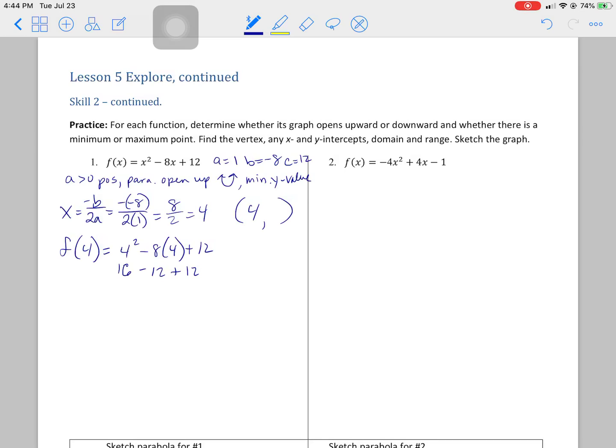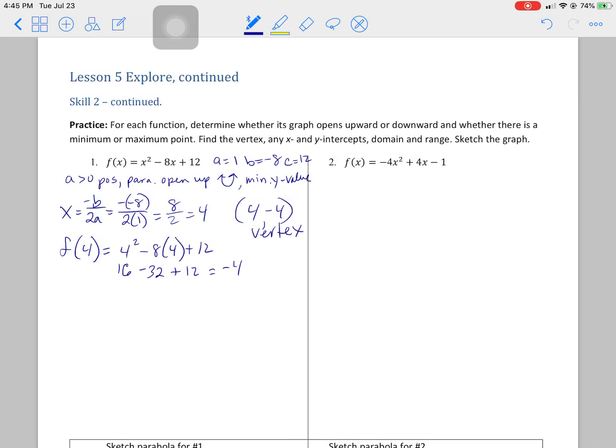Oh, wait. It's not 12, it's 32. Okay, slow down. Which is 16 plus 12, and the minus 32, so -4, right? Yep. Okay, so that's -4. So that's my vertex right there.